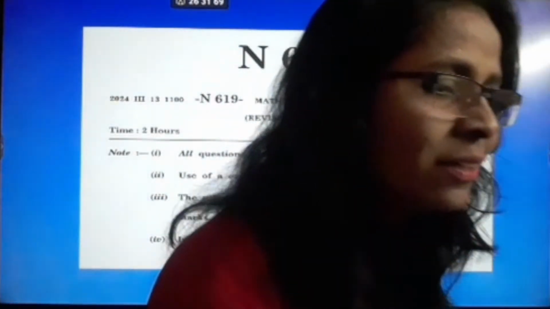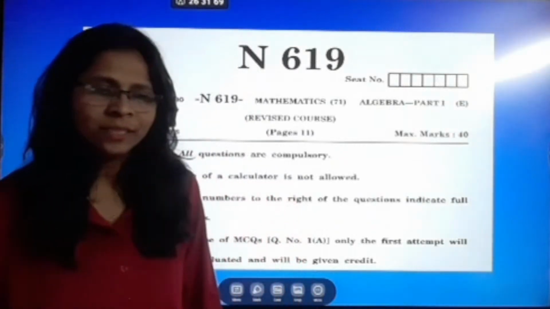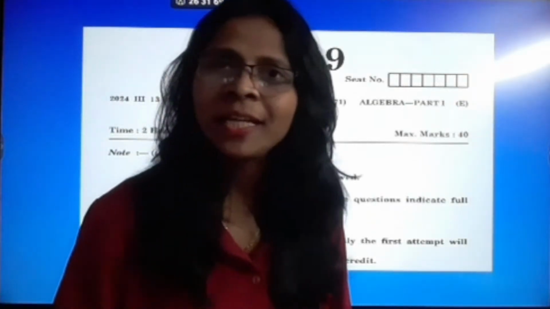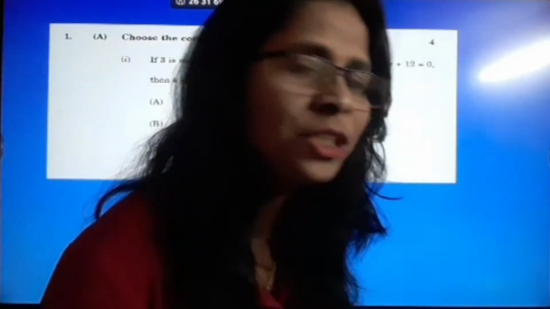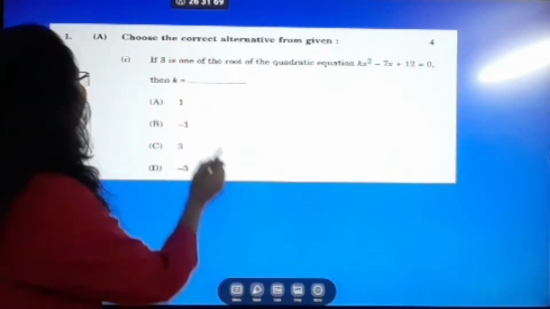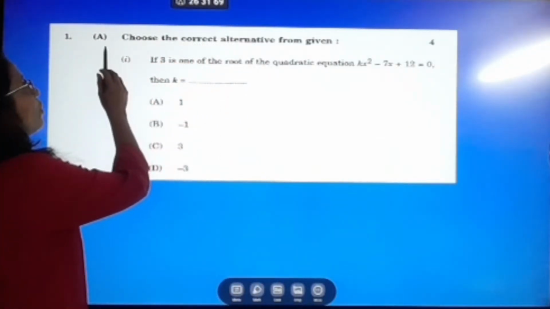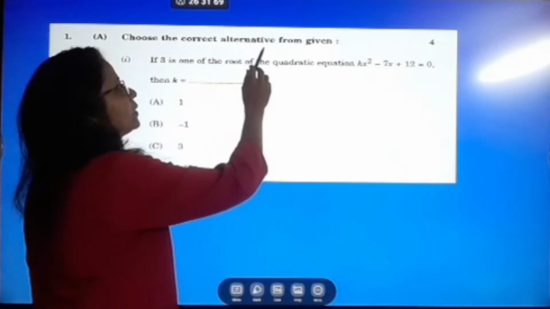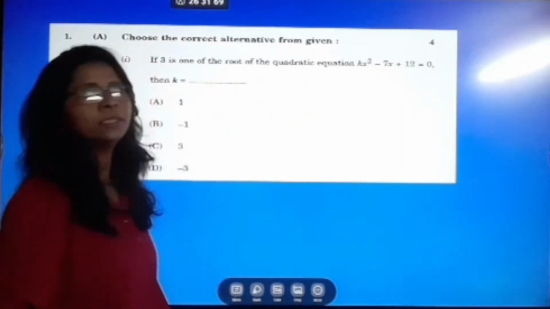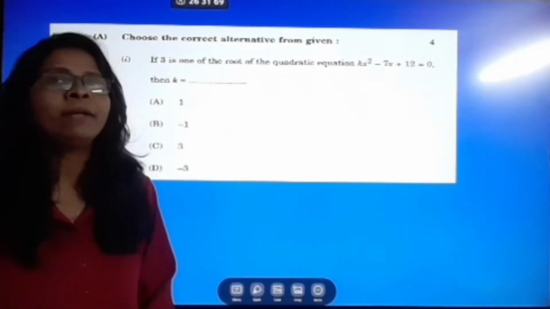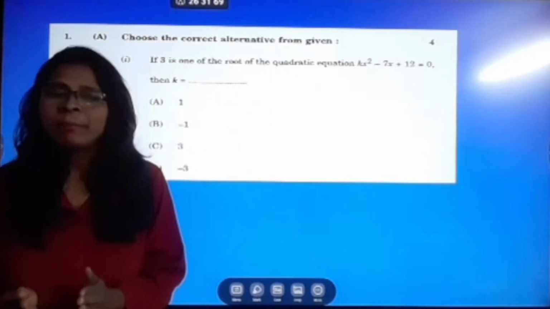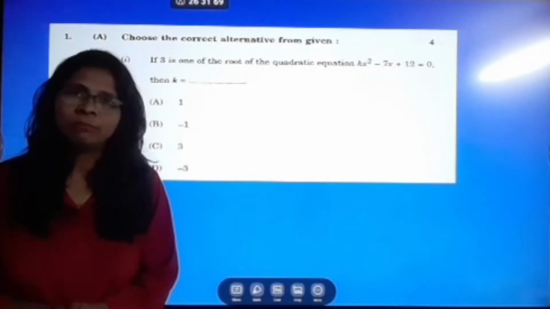So let us see. Now here students, the first question is to choose the correct alternative from the given options. You are familiar with the paper pattern of Maths 1.